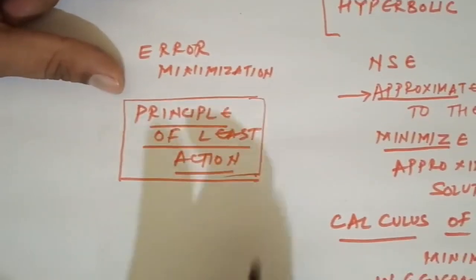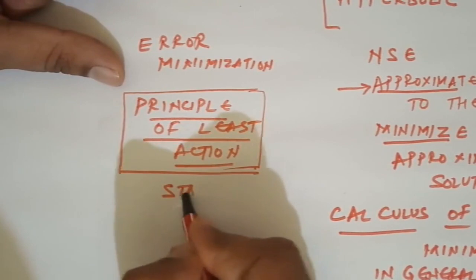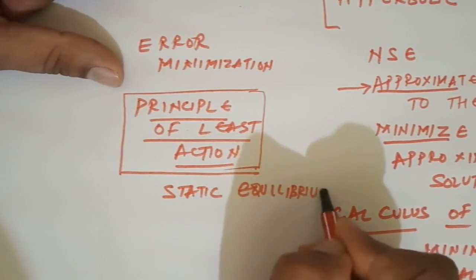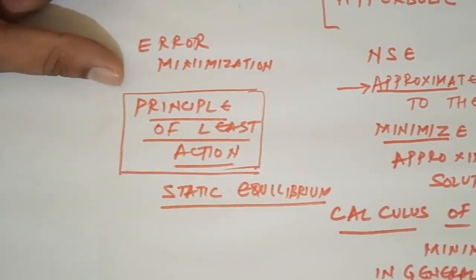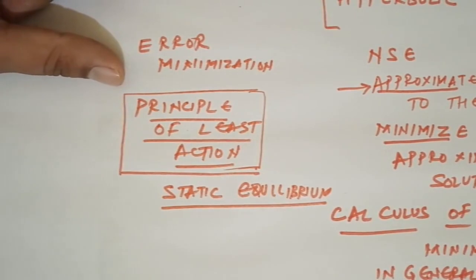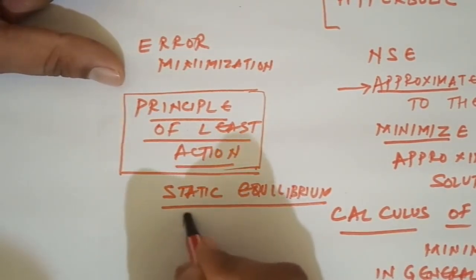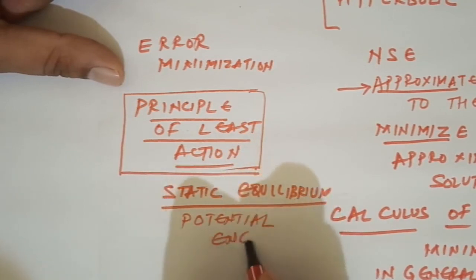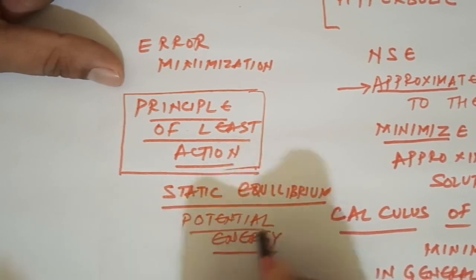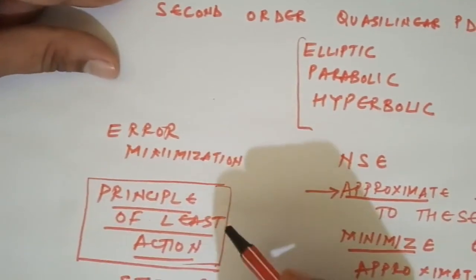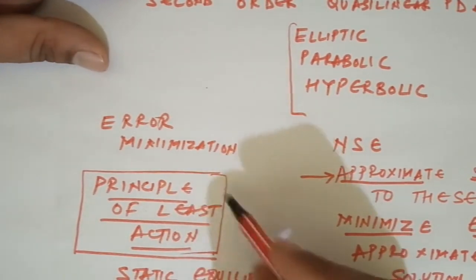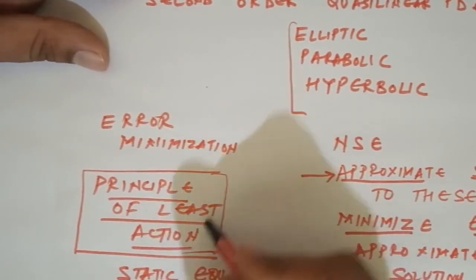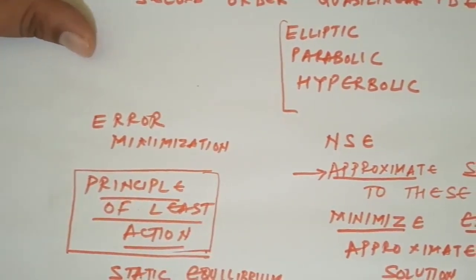Likewise, when a system is in static equilibrium, we know that we have something that is at a minimum, and that we call, say, potential energy. Likewise, whenever a system is in motion, there is something that is minimized or extremized in general. And generally it is minimization, that's why it is called the principle of least action.